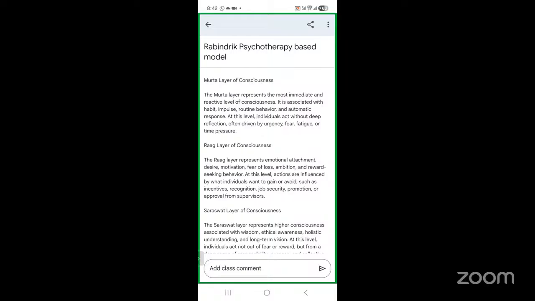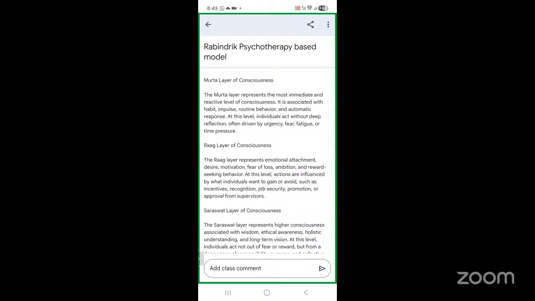So you will find some people who are accident prone. Then you will be very cautious about the Murto layer of consciousness of those people. The second one is the Rag layer of consciousness.